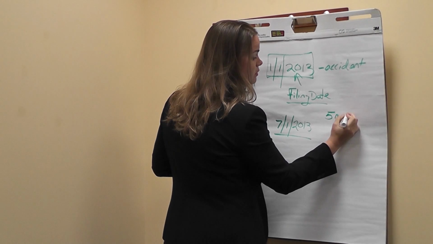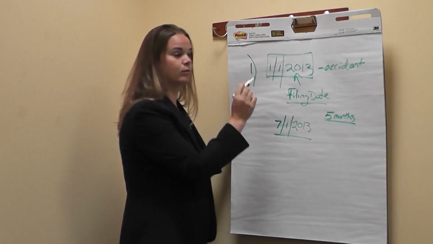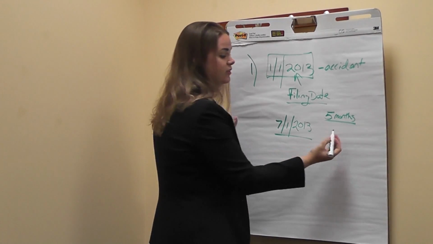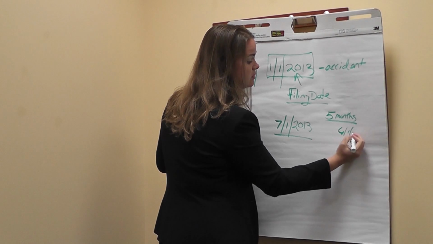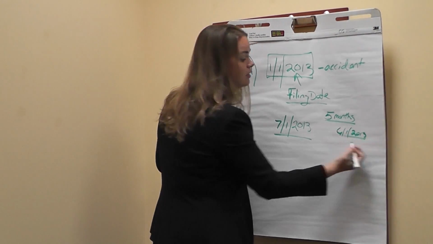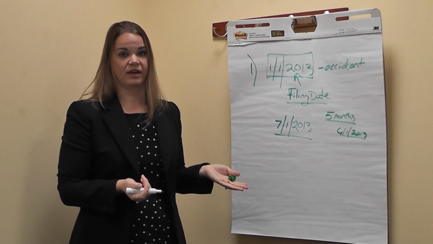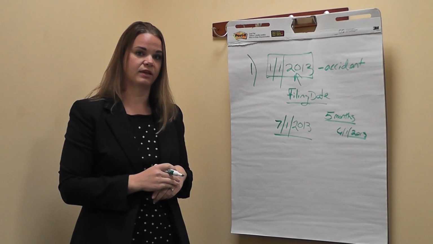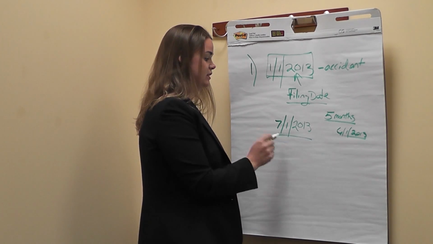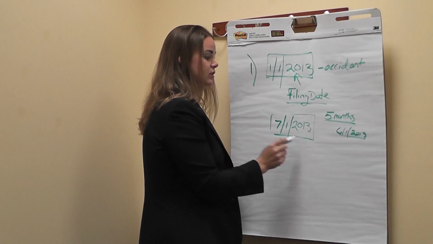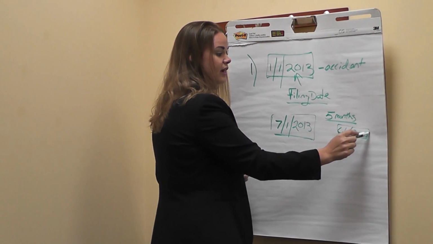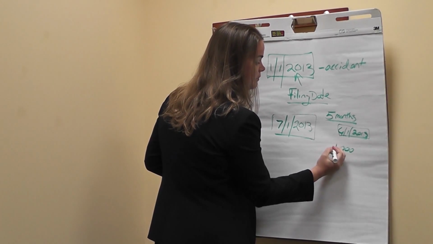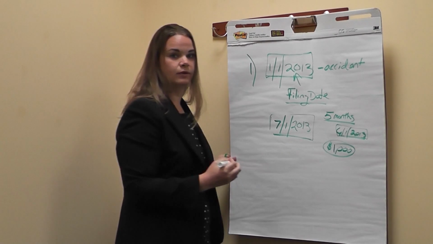So 5 months from January would be June 2013, and your benefits would start as of June 1st, 2013, okay? Say your benefit amount is $1,000 a month, which, the average is about $1,200 to $1,300, but let's go with $1,000 just to make it easier. So you would get back benefits from when your claim was approved back to after the 5-month wait period, so you would get roughly $1,000 in your back benefits, okay?